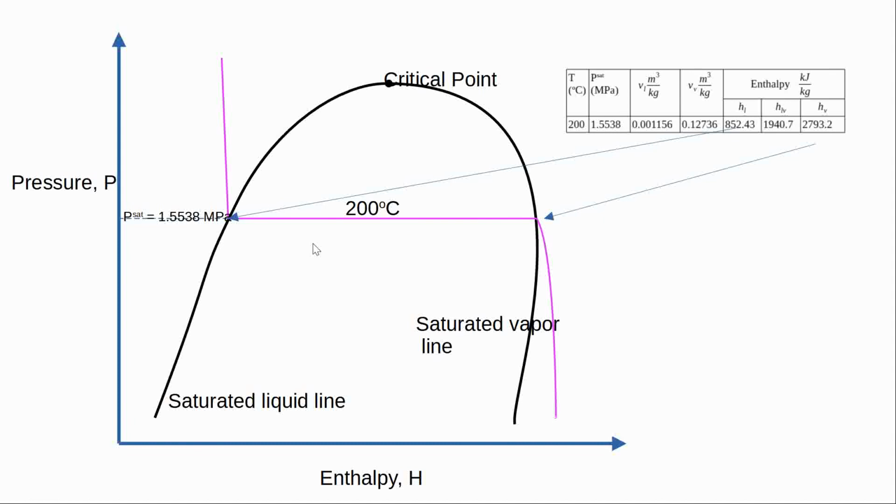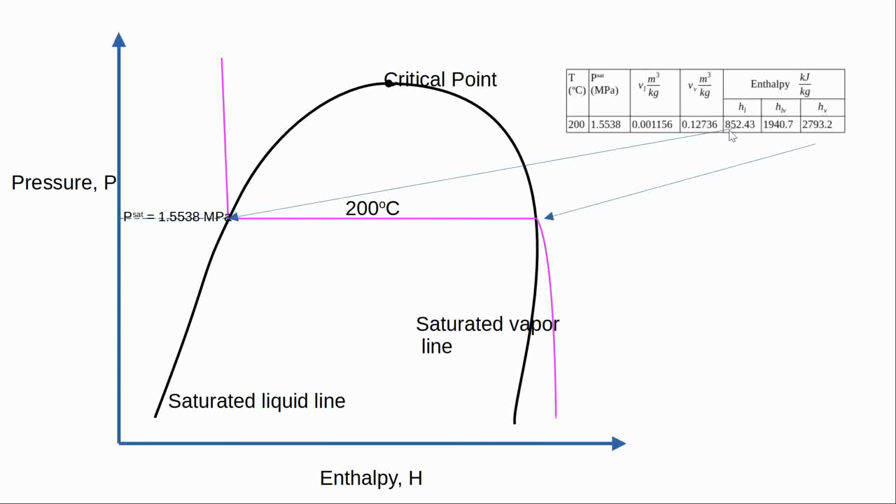Now let's look at what points on a pH diagram are represented in a steam table. The steam table is actually a representation of the pressure enthalpy diagram. Now, in the steam table, the first entry is temperature. This was already explained. The saturated vapor pressure. This was already explained to you. This is followed by the volume of the liquid and saturated volume of the vapor.